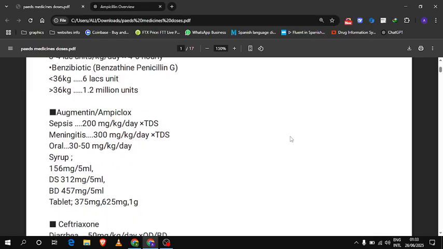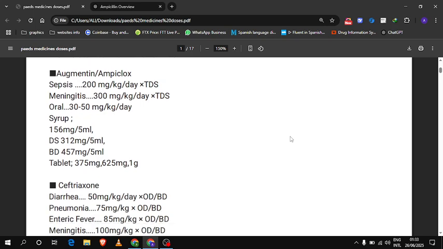Now let's see our next medicine, which is also an antibiotic, augmentin. Amoxicillin, a very common antibiotic used for upper respiratory tract infections. For sepsis, the dose is 200 mg per kg per day. For meningitis, it's 300 mg per kg per day, and the oral dose is 30 to 50 mg per kg per day.